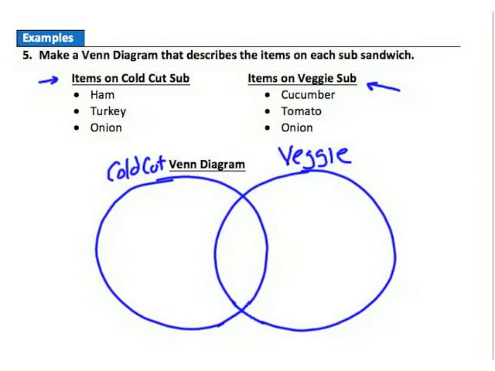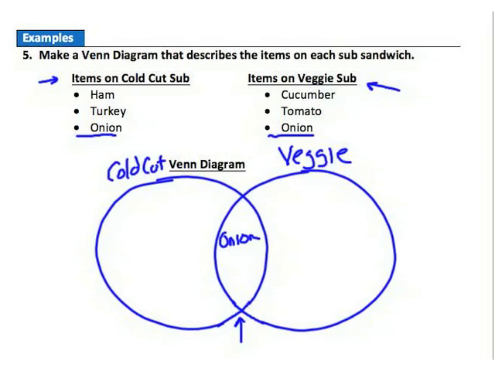Okay? And what we're going to do is put these items into the Venn diagram. Well, let's take a look. The center here, we want the items that are common to both of these subs to go in the overlap. That's what that overlap represents. And you can see by our list of items, they both have onion. So that's going to go in there, in the middle, because that's what they have in common. Now, if we take a look at the cold cut sub, that has ham and turkey, but the veggie sub, of course, doesn't have that.